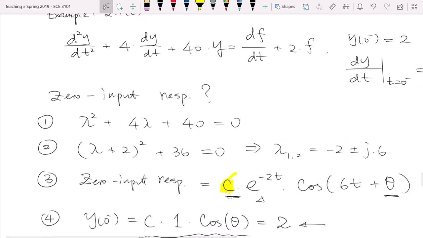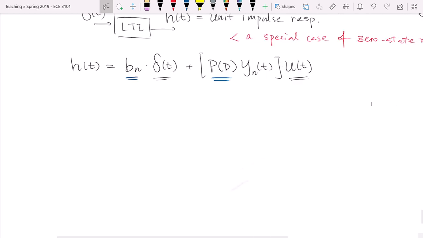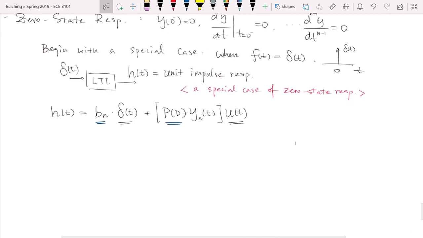Let's come back to this again. Bn is the coefficient of d^n f/dt^n in the differential equation.